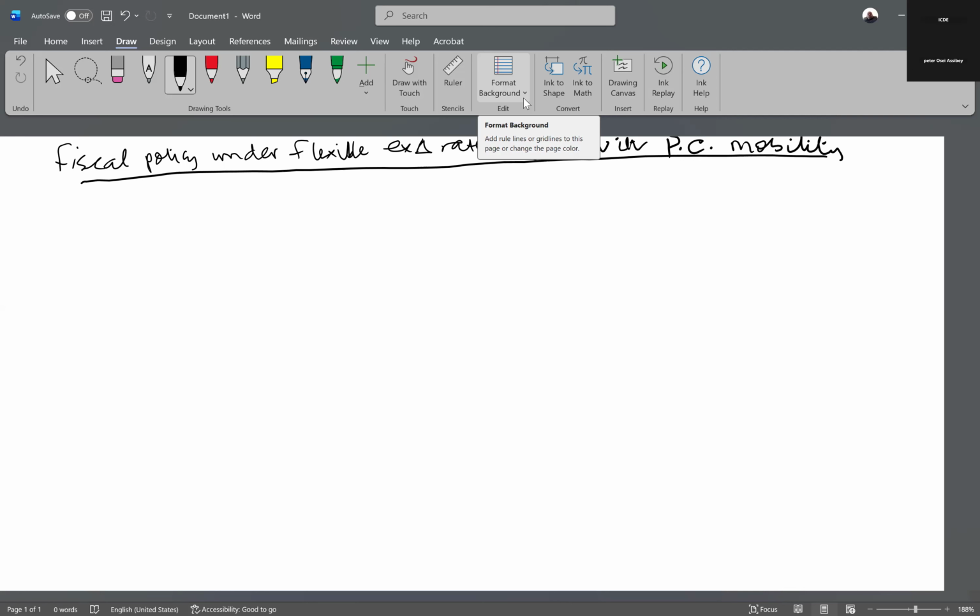So when the cedi appreciates in value, imports become cheaper and exports become expensive because your cedi has appreciated in value. Is that clear? Yes, sir. So when imports become cheaper and exports become expensive, what is going to happen is that now imports will exceed exports.